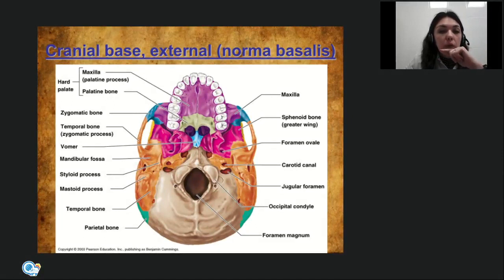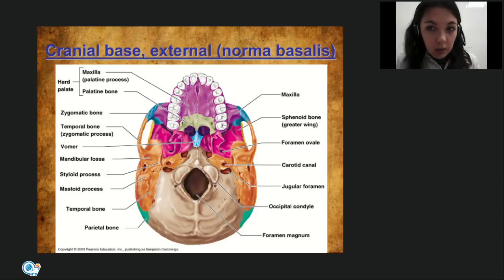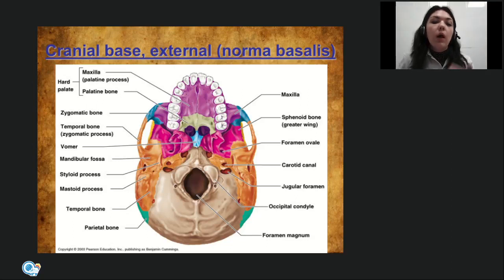The cranial base can be observed from outside, and it is the external cranial base or norma basalis, and also the internal cranial base from inside. When we describe the external cranial base, we first of all should say that anteriorly it is closed by the bones of the facial skull, by the hard palate.